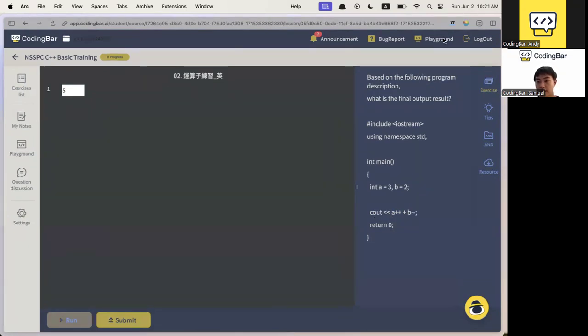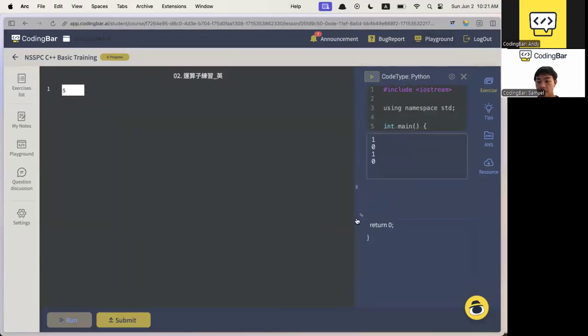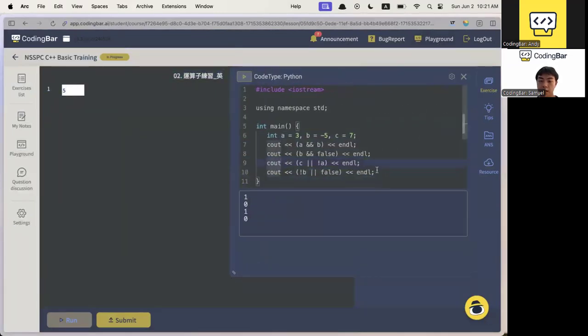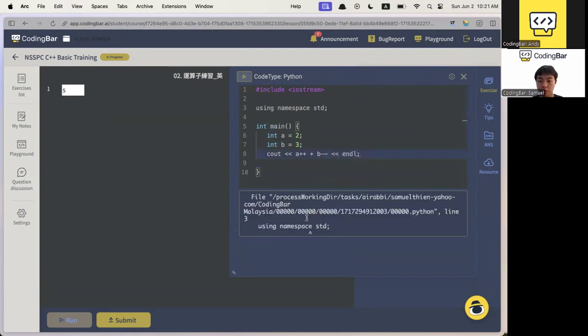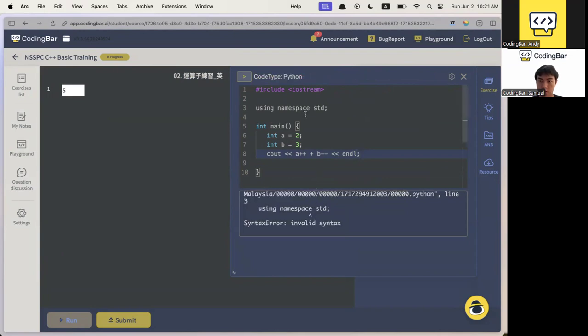So on the next line, if you are going to print it out, we have A equal 3, B equal 2, and we print out A plus plus plus B minus minus. Is there a typo?